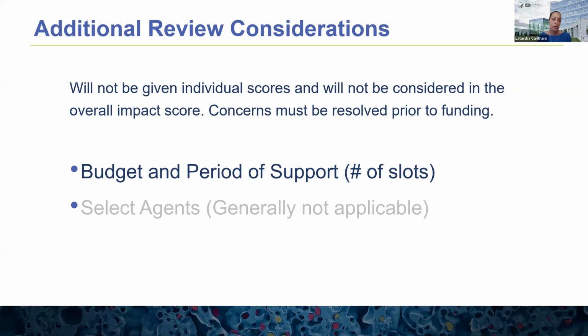So the reviewers, again, will consider whether the number of requested slots are fully justified when considering several factors. The training grant eligible pool, the size of that pool, the size of the entire program, the number of participating faculty, and other NIGMS funded training programs. And then select agents generally do not apply for the additional review considerations. Next slide, please.